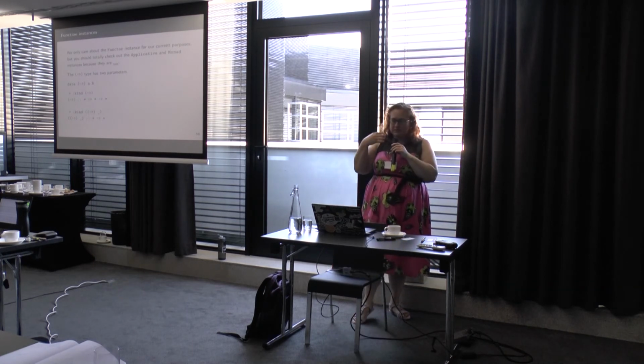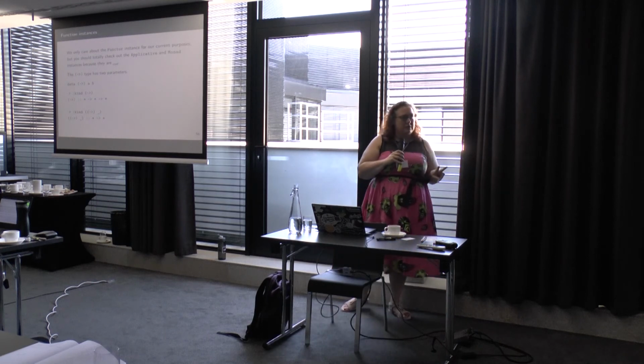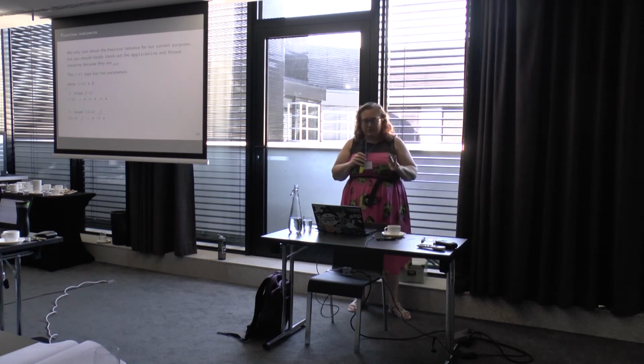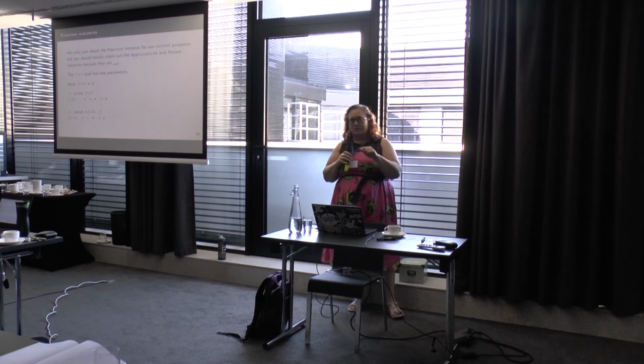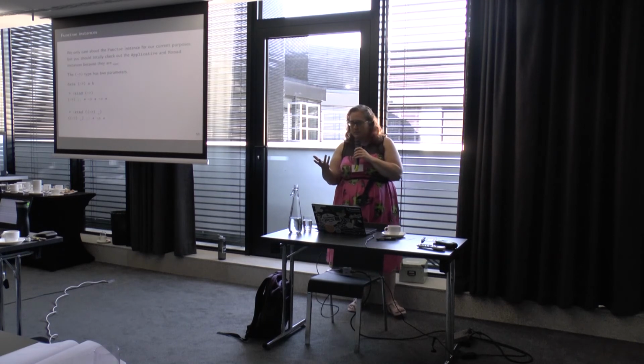But we only really care for our purposes about the functor instance. So we notice that the function type has two parameters, like Either and like tuples, right? And so it is kind star to star to star. So we already know that we're going to have to apply it to its leftmost type argument before we can have a functor instance, or an applicative, or a monad.